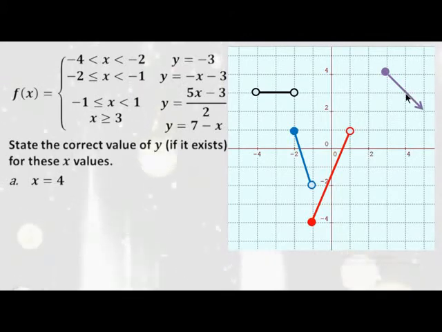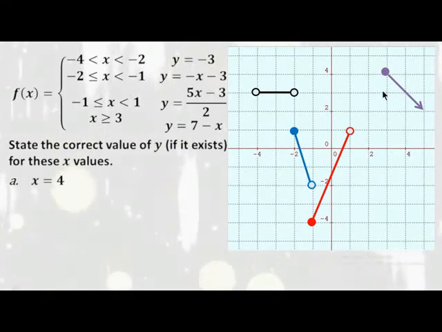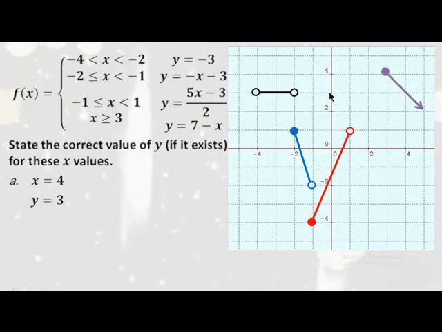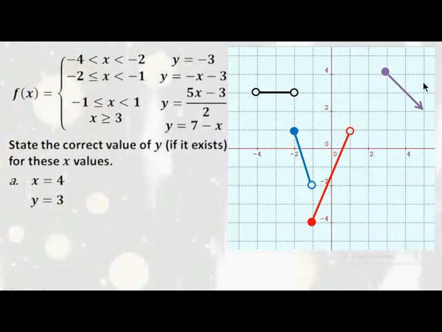So in order to find the value of y if x equal to 4, we use this straight line. So we bring another line here to the y-axis, so the value of y equal to 3. Or you simply substitute the value of x into this equation, or you can use this graph.